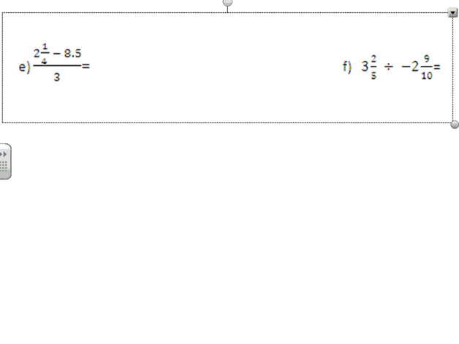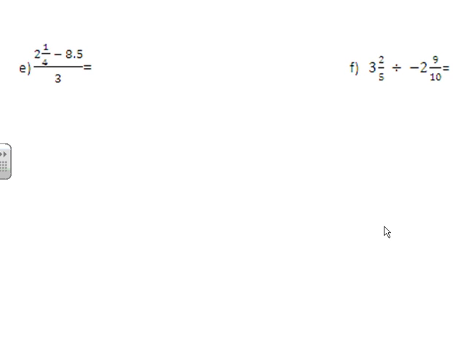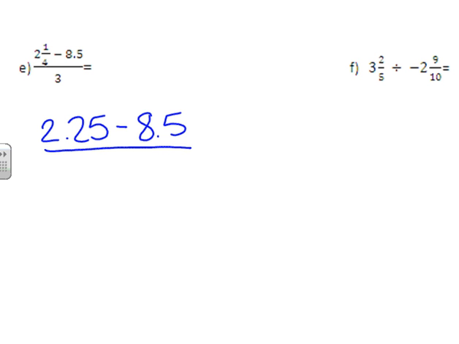Okay, part E. Again, we need to follow order of operations. So we're going to do the numerator first. I'm going to change this so that it's 2 and 25 hundredths minus 8.5, or 8 and 5 tenths, all divided by 3.